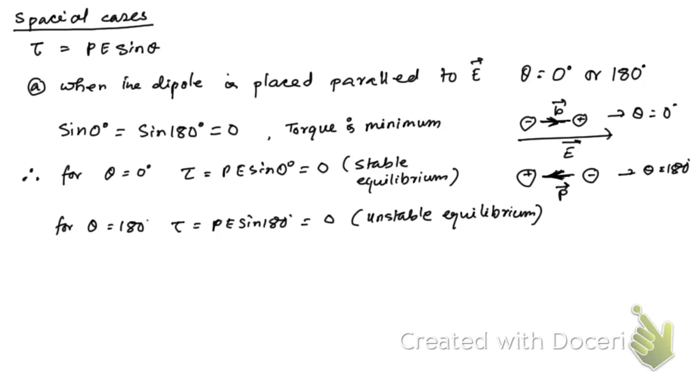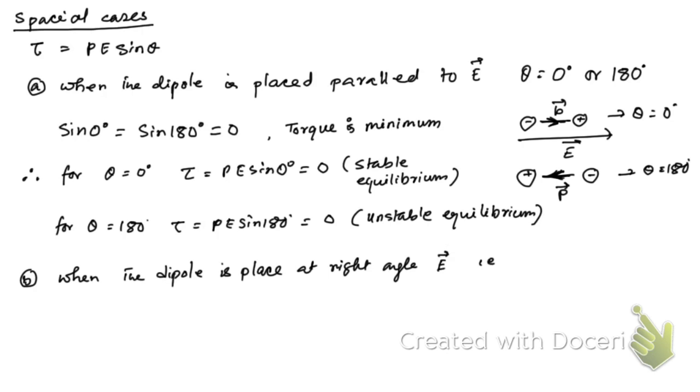Now, what if theta is equal to 90 degree? Case B, when the dipole is kept or placed at right angle to E, that is theta is equal to 90 degree, and we know sine 90 is 1.